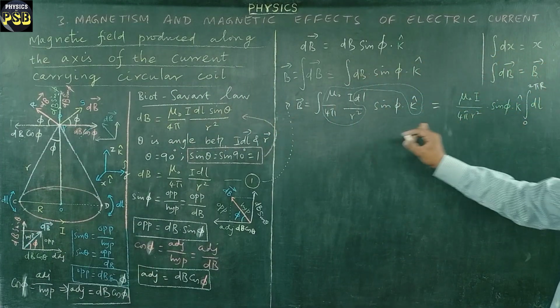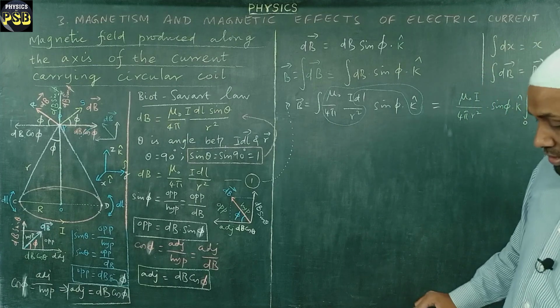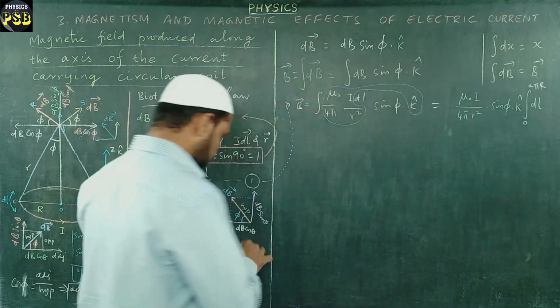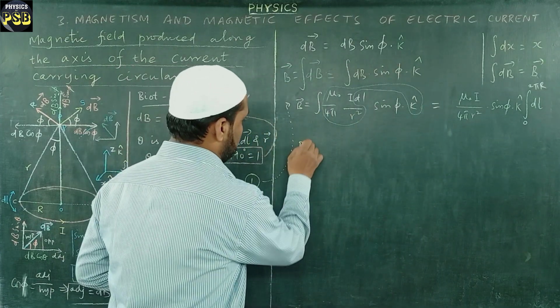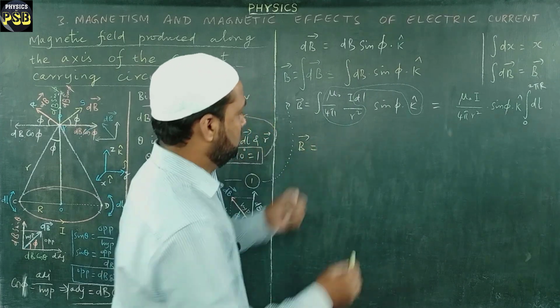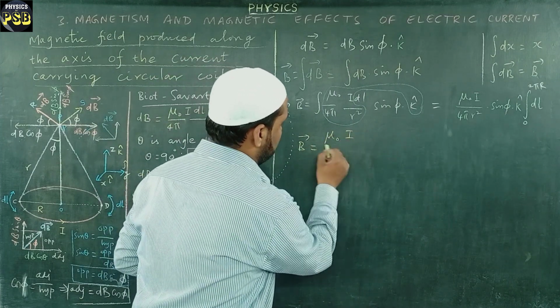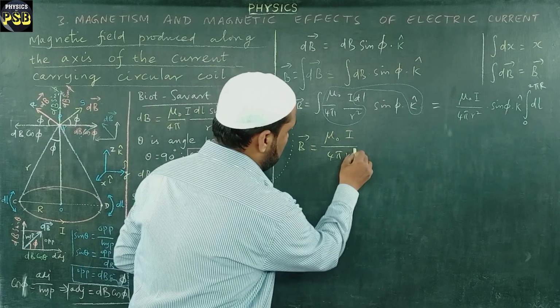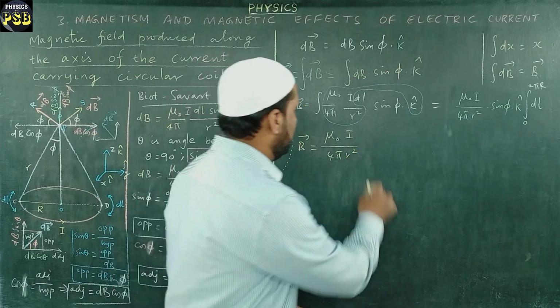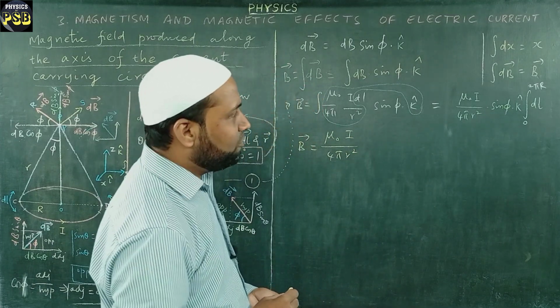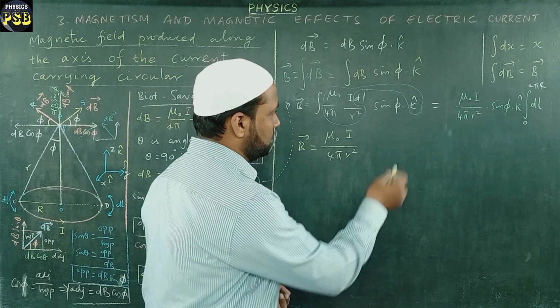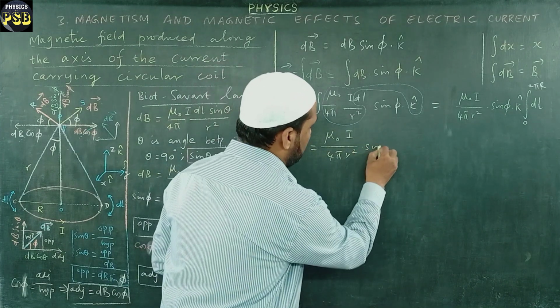Got it? And it will provide me the total magnetic field. I'll go ahead now. Now write this part as mu naught I by 4 pi r square. So I'll find out what is the sin phi. Now that I'll substitute here.